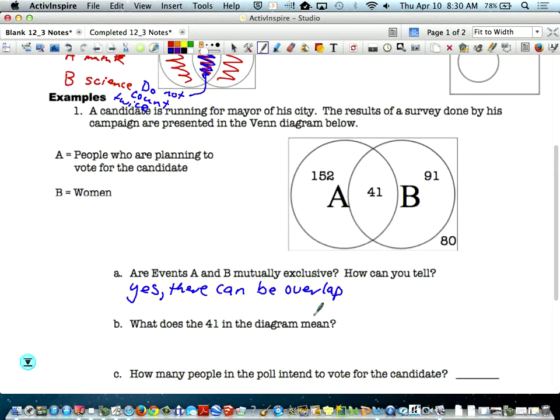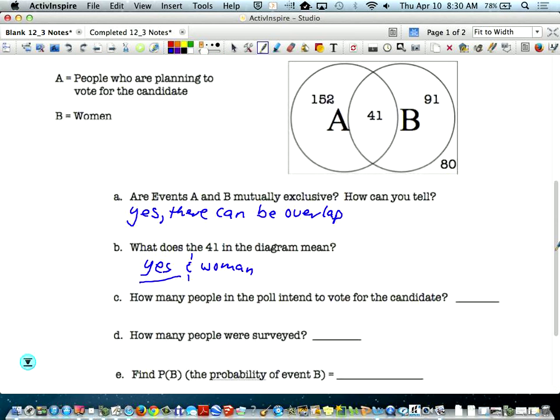What does the 41 in the diagram mean? A yes and a woman. So when we called up these people or we sat on the sidewalk and bothered them as they walked by, they were saying yes, I'm for your candidate, and then you identify them in the survey as a woman. How many people in this poll intend to vote for our candidate?